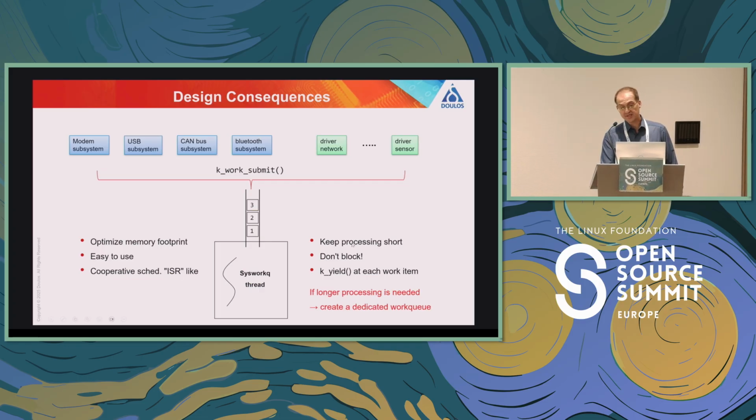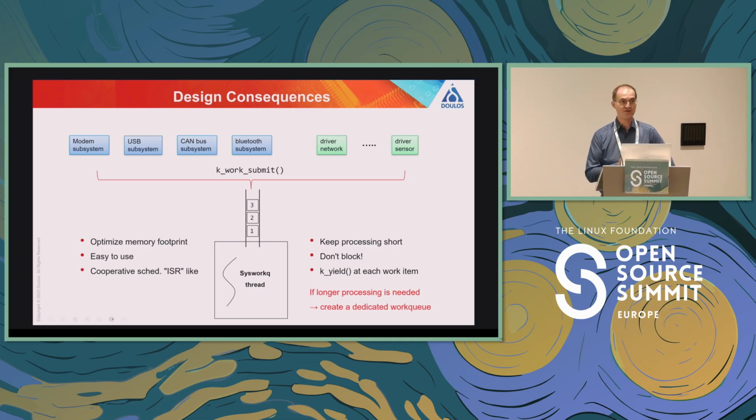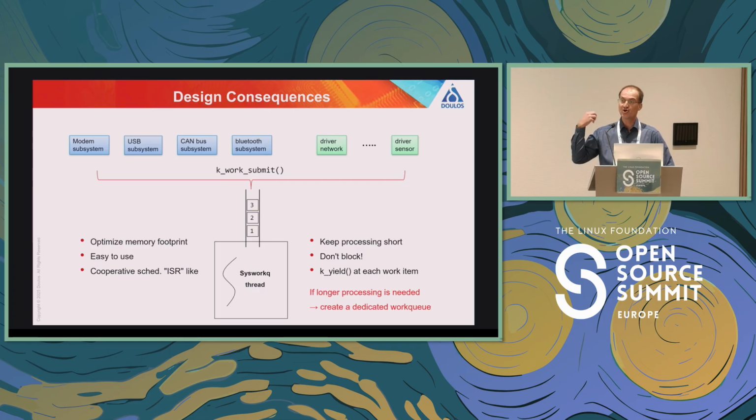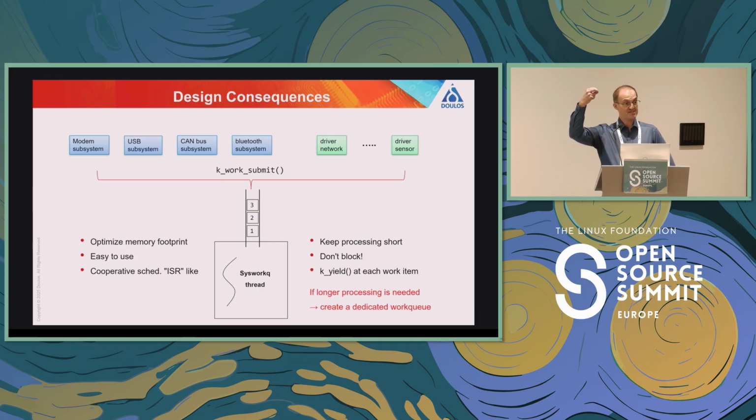But now on the other side of the consequences, we should keep the processing short. If we block here, we will block all potential other work item that has been queued. That means we are introducing some further delay. And of course, ideally for the system work queue, when it has processed one item, it should call k-yield if another cooperative thread has been made runnable that has a higher priority.